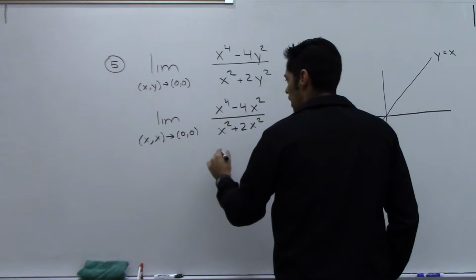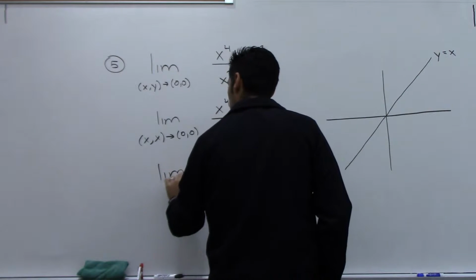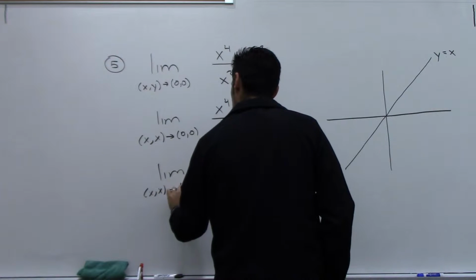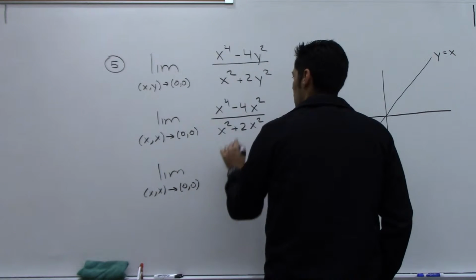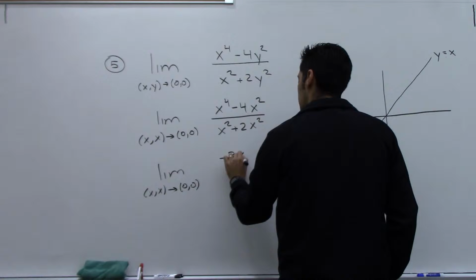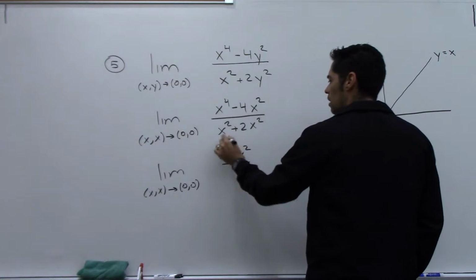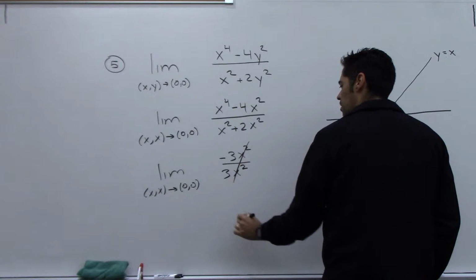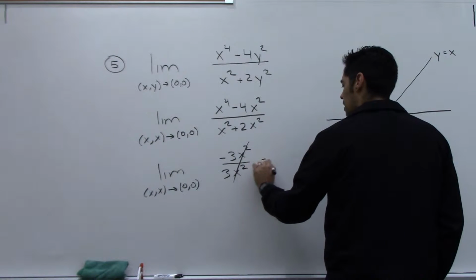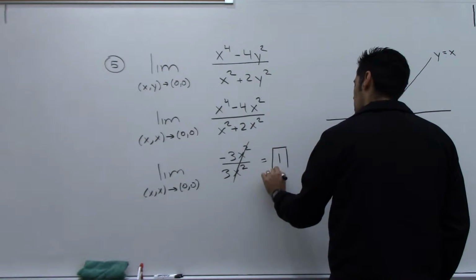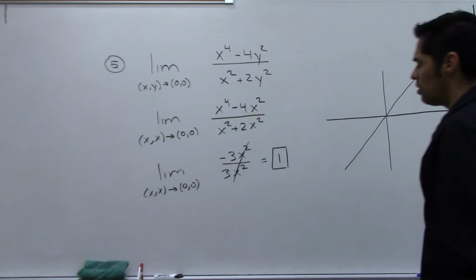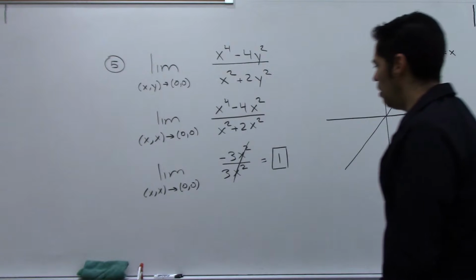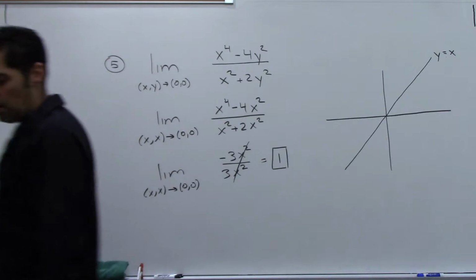Then what you get is the limit as x approaches 0 of negative 3x^2 over 3x^2 on the bottom. The x squareds cancel, you just get negative 3 over 3, which equals negative 1. So it looks like as we approach along y equals x, we get a limit of negative 1.